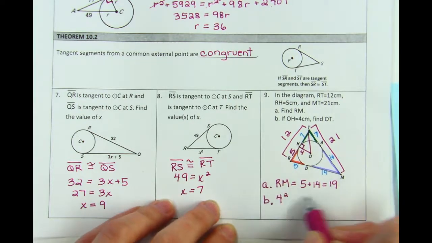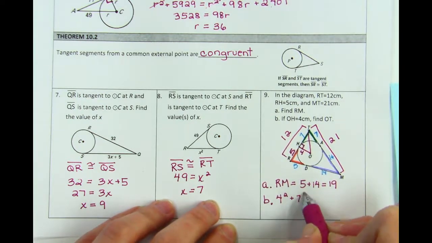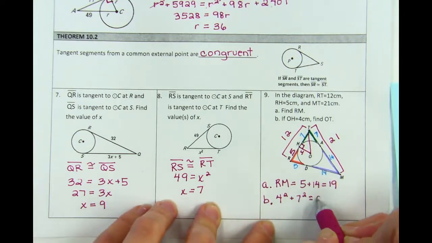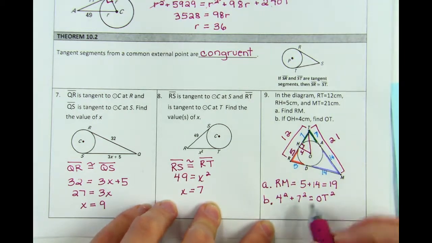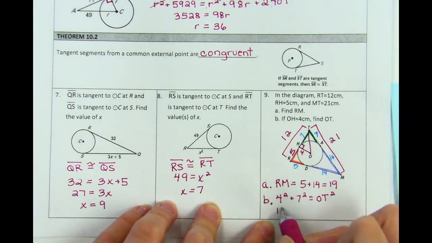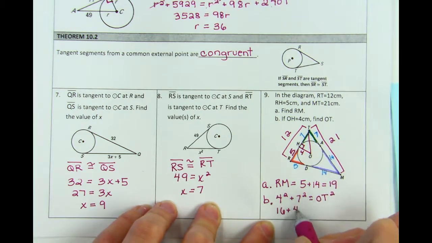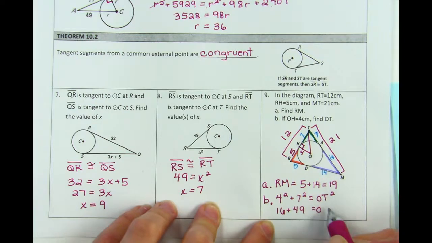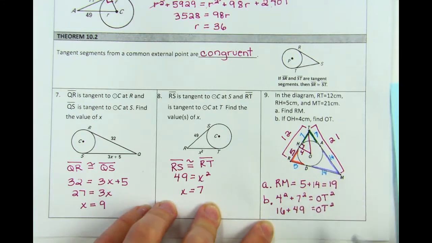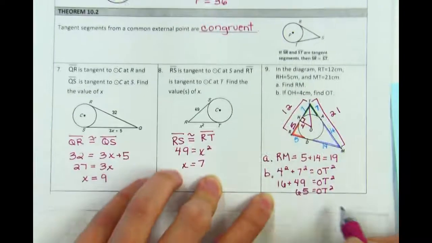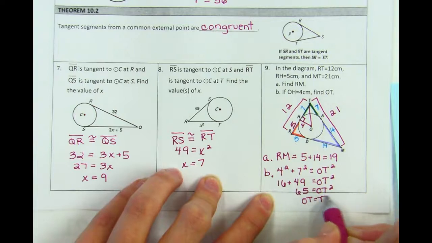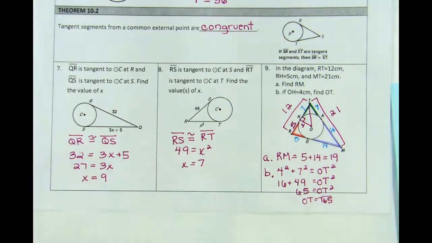So 4 squared plus 7 squared is going to equal OT squared. So 16 plus 49 equals OT squared. 65 equals OT squared. So OT equals square root 65. So that one we had to combine both theorem 10.1 and theorem 10.2.